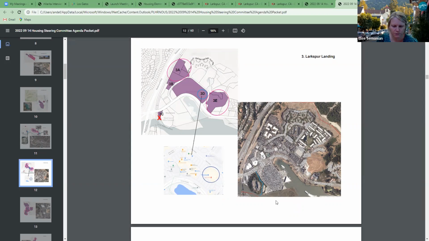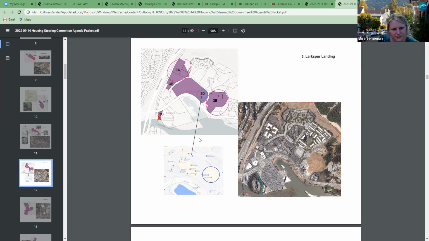Obviously, we'd have to work out issues of flooding and sea level rise, and there are some tanks of fuel that are there. But the district hasn't returned any of my requests to talk to them about it, and they do have plans to build a parking structure at the site. It requires rezoning, so it's not maybe something that would happen in the next 8 years.